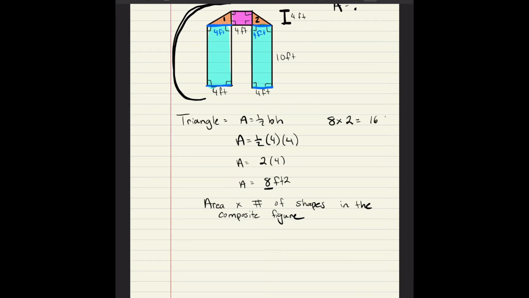So then I would have 8 times 2, which gives me 16 feet squared. So that's for my triangles.